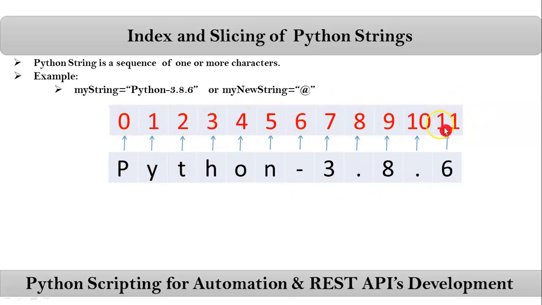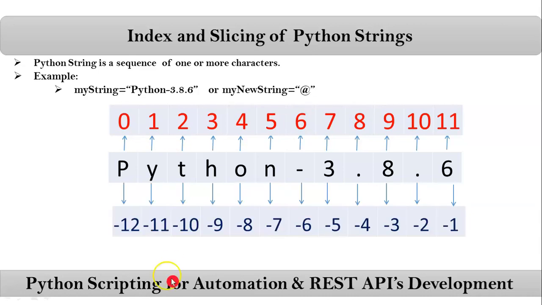These positions are called positive positions. Actually, these positions are called index or indices. Index values are simply the indices of your string. Now Python will also provide negative index numbers for our string in this way. If you observe, positive index values go from left to right and negative index values go from right to left.